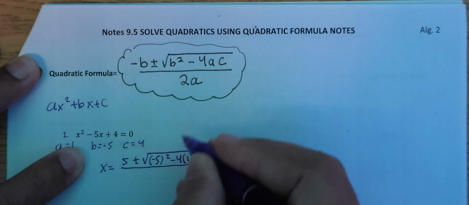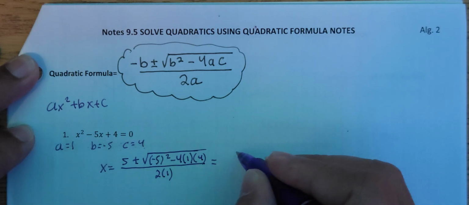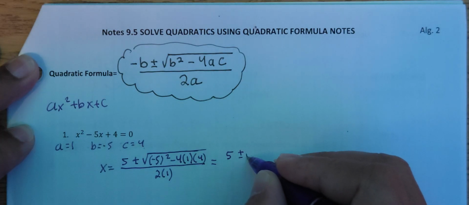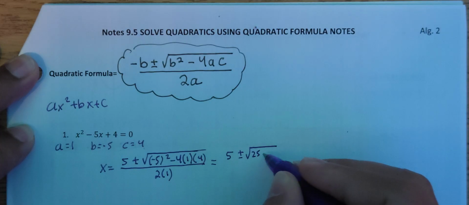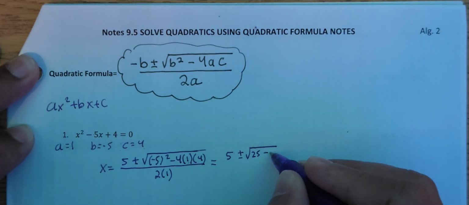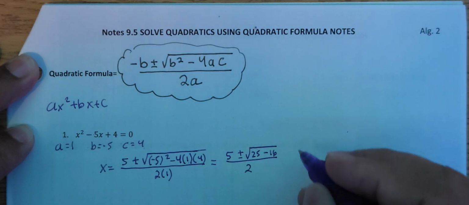Then this is being divided by 2 times the value of a. Okay, so then this is equal to 5 plus or minus square root of -5 squared is 25, minus 4 times 1, that's 4, 4 times 4 is 16. So this is over 2 times 1, which is 2.